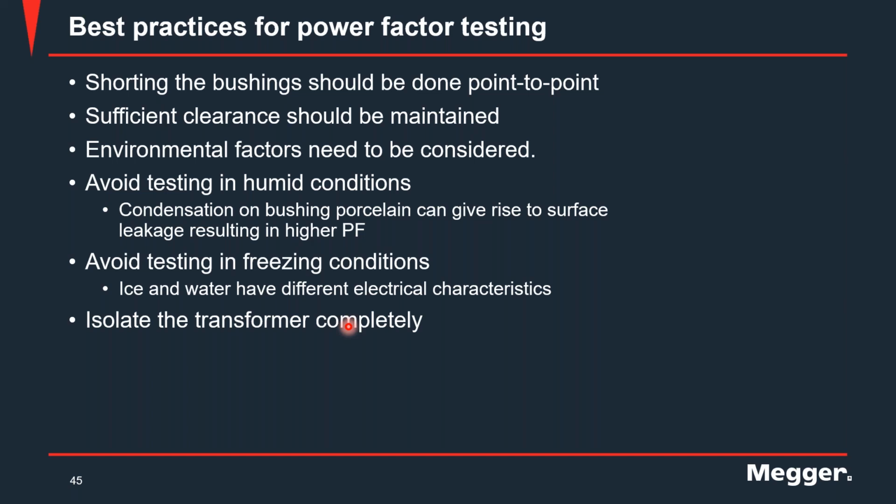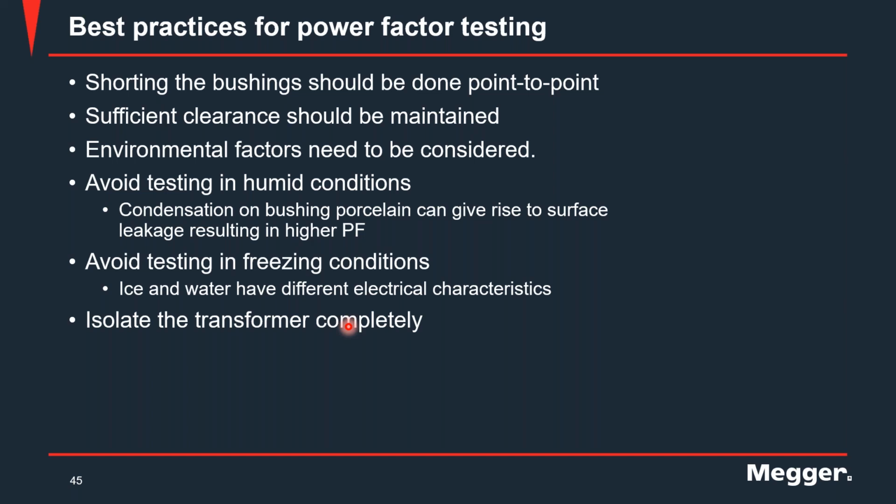And then for accuracy, you need to consider external factors like temperature and humidity. We're going to talk about the temperature correction, but as far as humidity goes, you want to try avoiding humid conditions. What happens is there is condensation on the surface of the bushings, and that gives rise to surface leakage currents, which are currents which flow along the external surface of the bushings from the conductor to the tank.